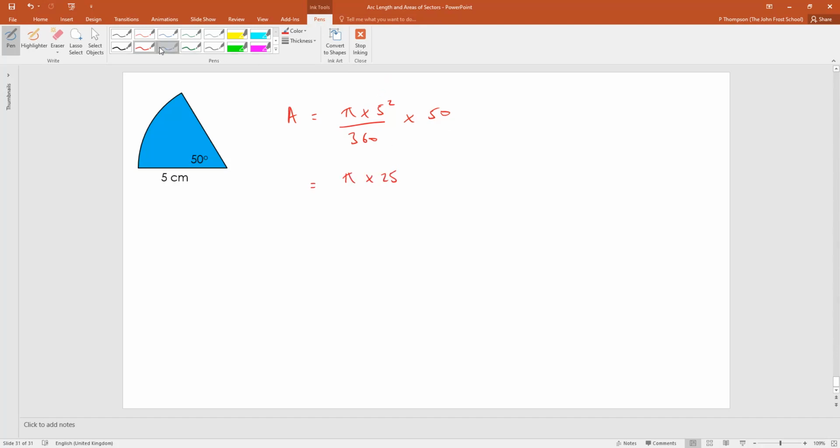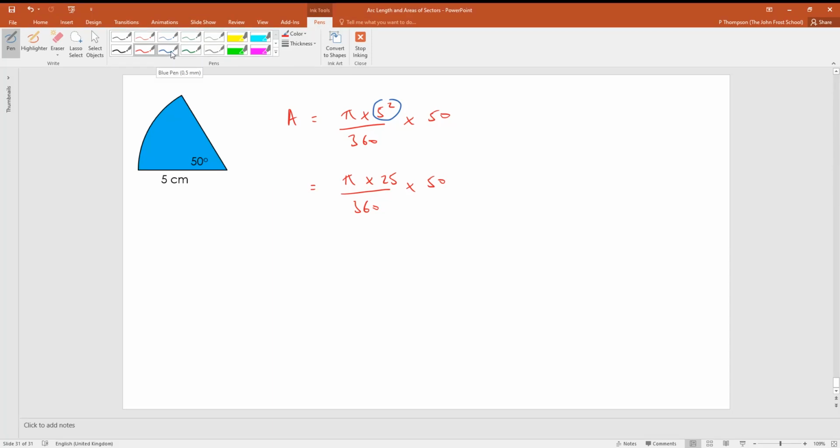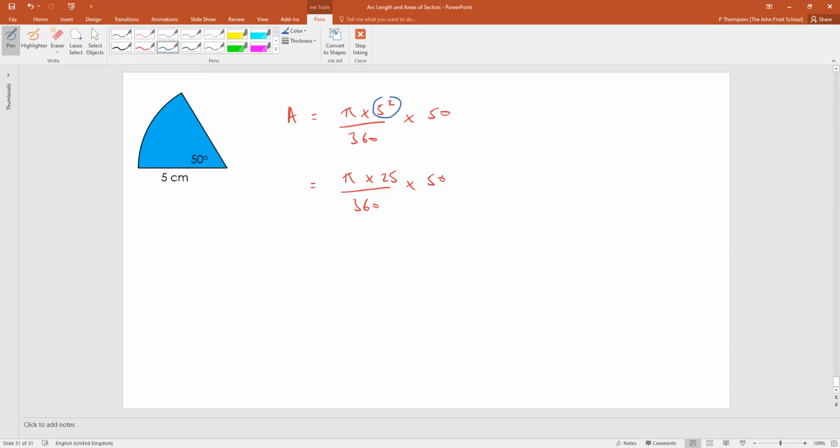Then at the bottom, still 360, and that's still 50 here. A nice trick you can use here is that you can cancel a 0 off. There's a 0 on top here, and a 0 here on the bottom, so these cancel out, which should make our life a bit easier.